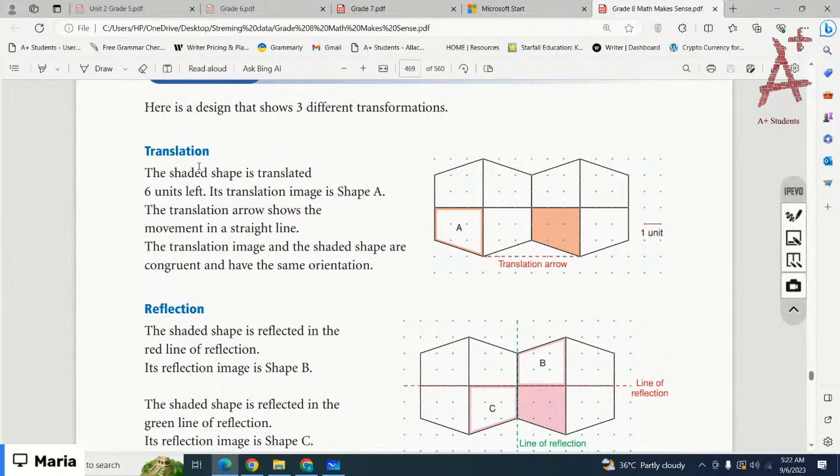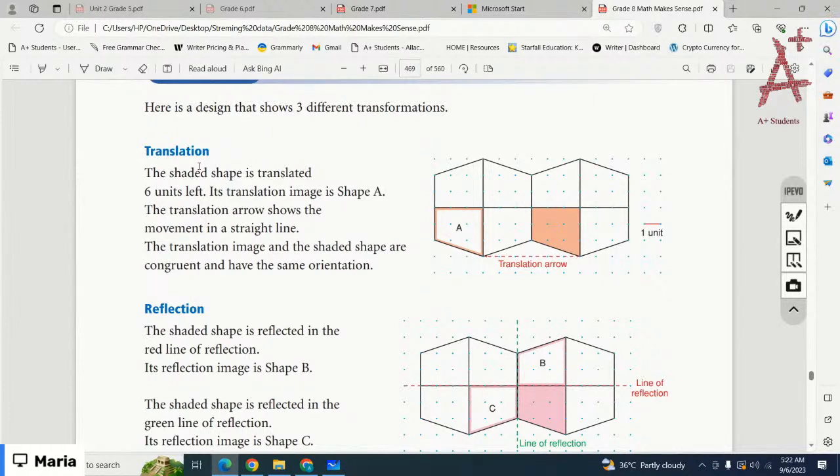The translation arrow shows the movement is in a straight line.